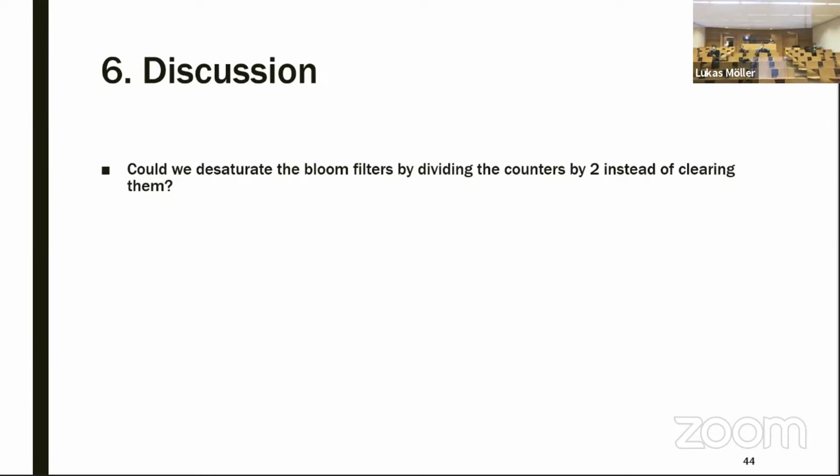Yeah. So it would certainly change the characteristic, because now you have an exponential falloff, where the previous time step has half the weight, and the time step before that a fourth, and so on. So you probably also have to change your threshold for blacklisting certain memories.